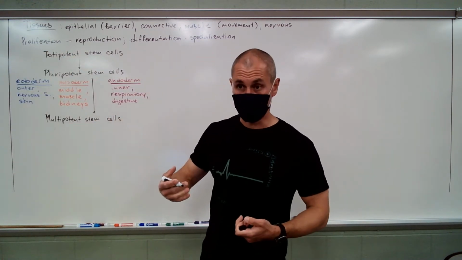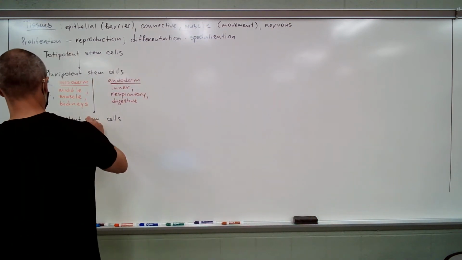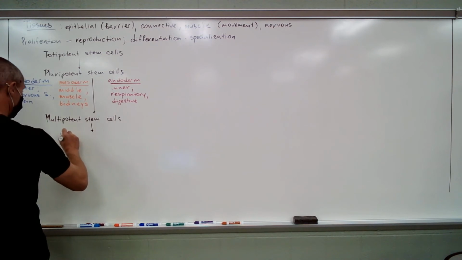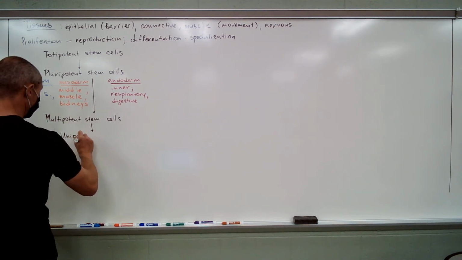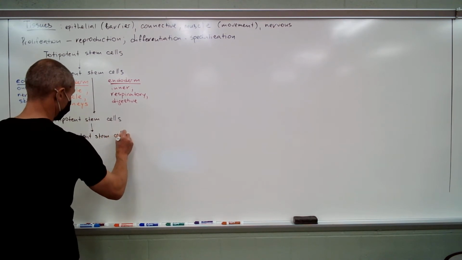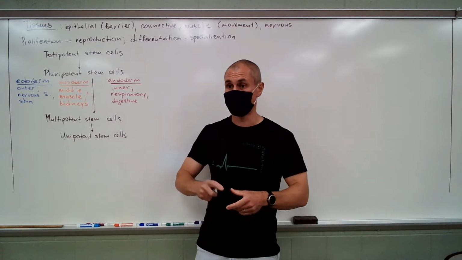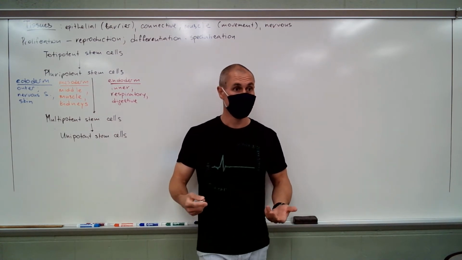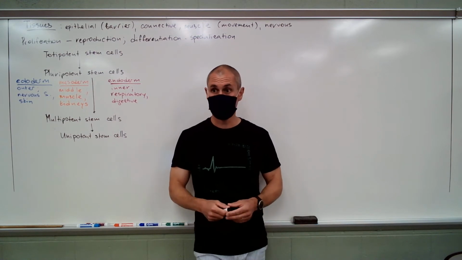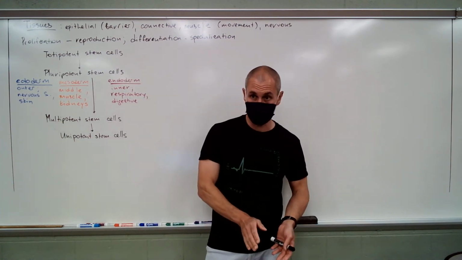When multipotent stem cells, sometimes they differentiate even more, and they become what is called unipotent stem cells. In some way, for instance, a cell called monocyte, you can consider it a unipotent stem cell because it can differentiate further into macrophage.